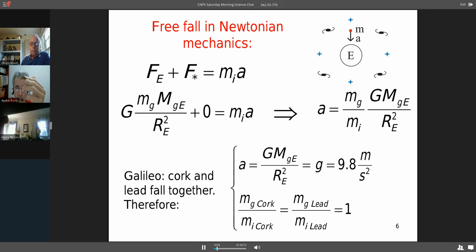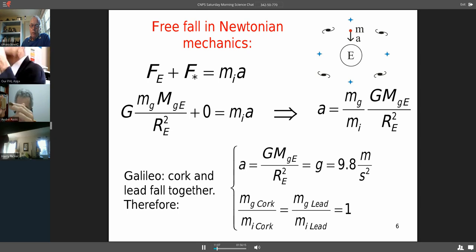There is in principle no reason why they should fall to the ground with the same acceleration. This is not at all trivial. It's a mystery because everything is different. So they should fall to the ground with different accelerations. That would be natural. But this is not what happens. So this experiment by Galileo indicates, according to Newtonian mechanics, that somehow gravitation is connected to inertia.